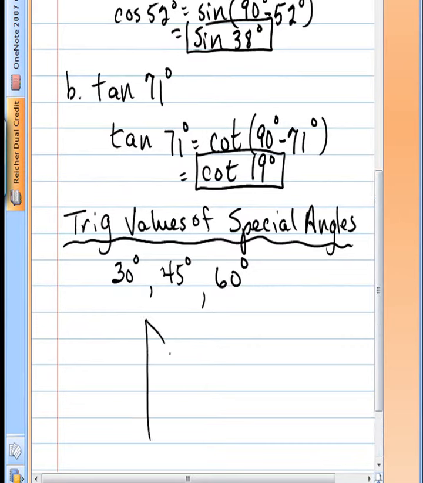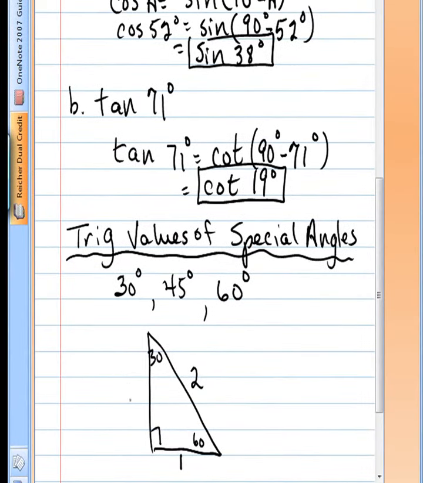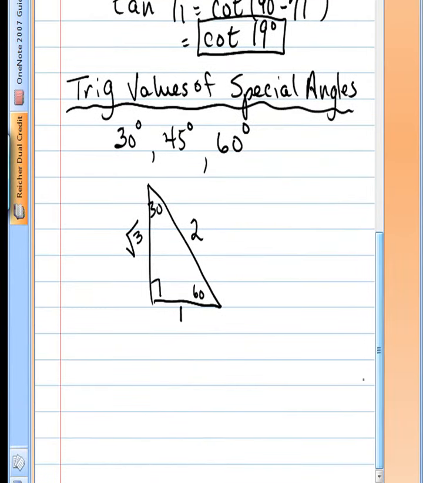When you have a 30-60 right triangle, remember that the short side was 1, the hypotenuse was double that, and the long side was the short side times the square root of 3. Well, if that's the case, we could come up with the trig functions for this.